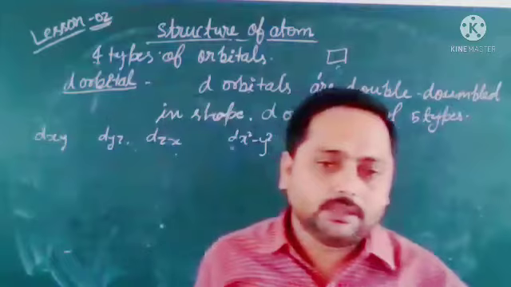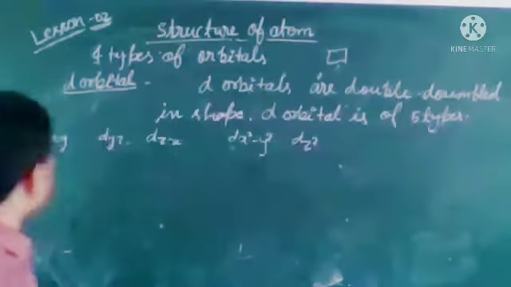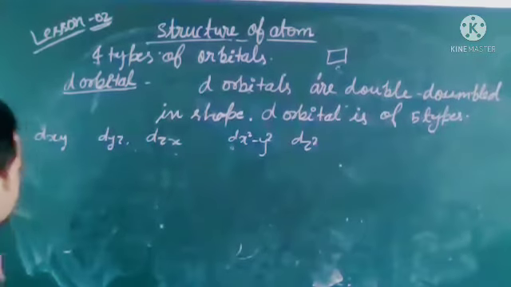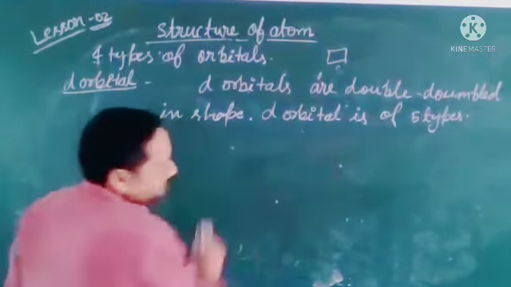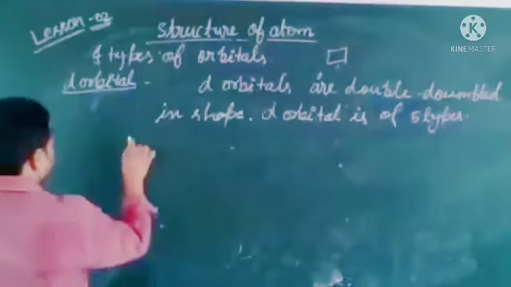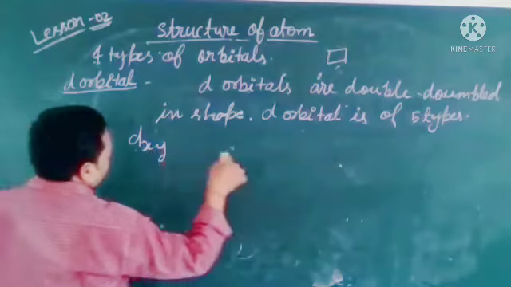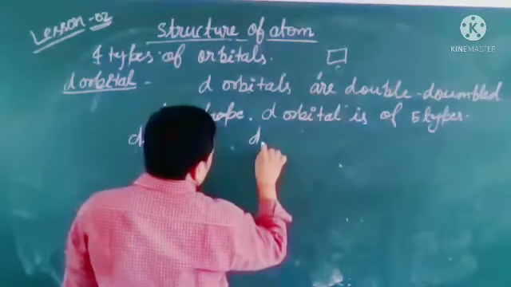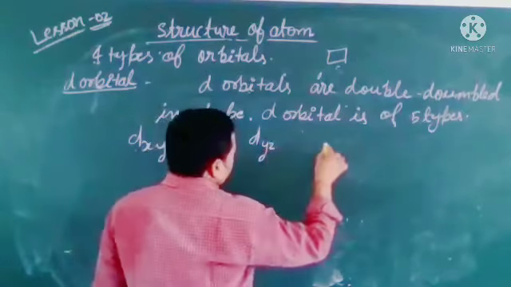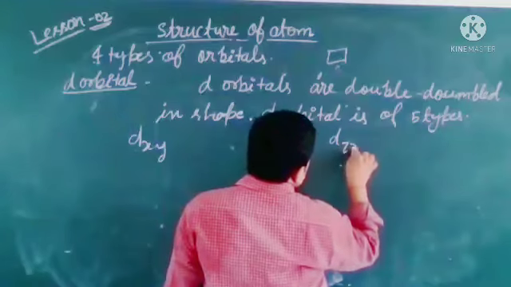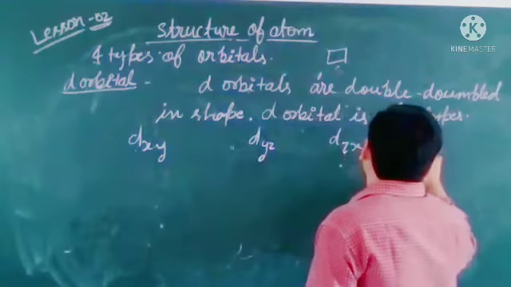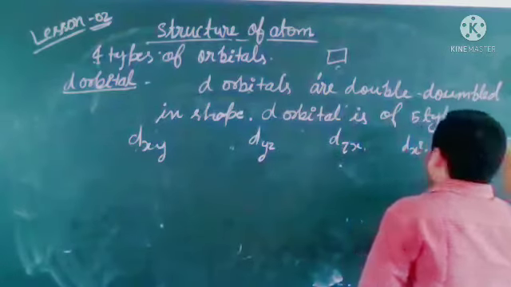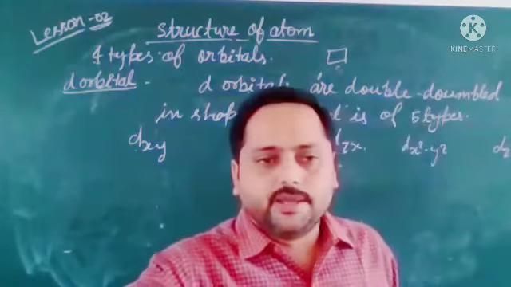So let us see their shape also. Here we are going to draw the shape of the d orbitals: dxy, dyz, dzx, dx square minus y square, and dz square.